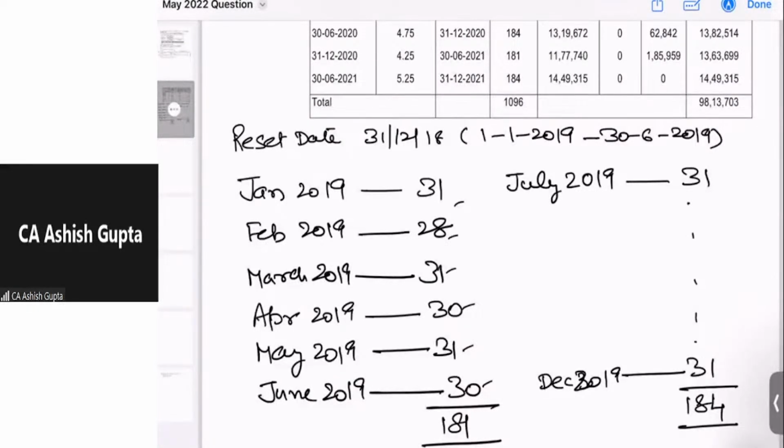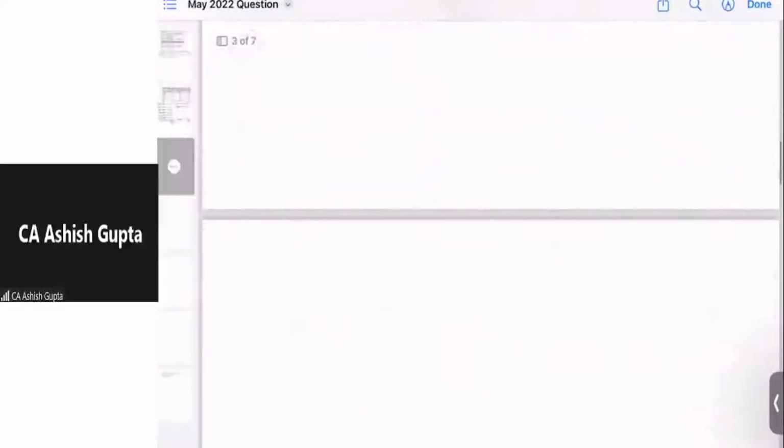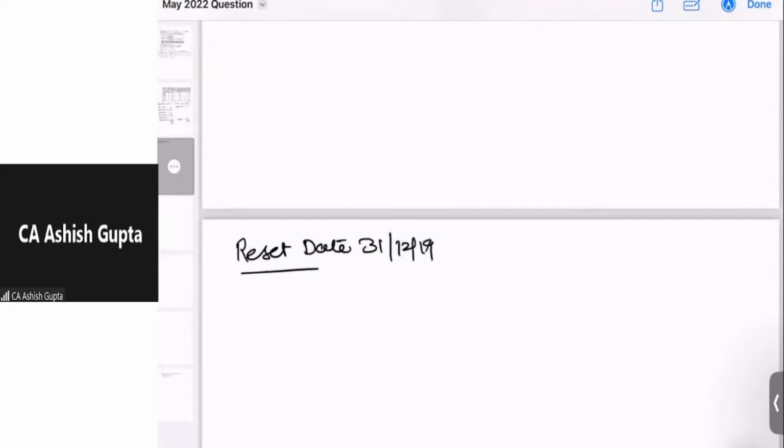Now I am coming to the next important point where generally mistakes can be committed by the student. That is for the reset period. Now here our period will be January 2020.